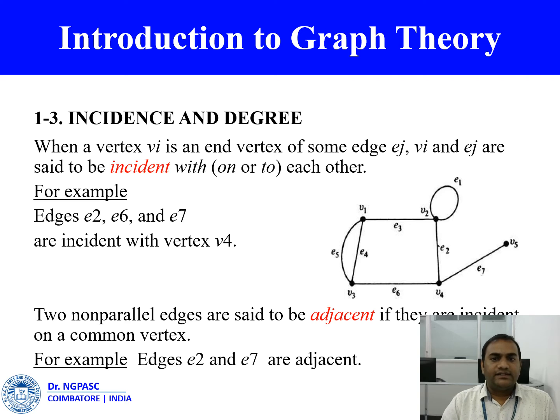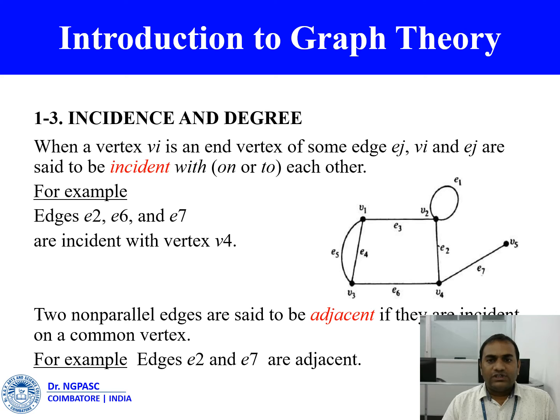Next, incident and degree. First, what is meant by incident? When a vertex Vi is an end vertex of some edge Ej, Vi and Ej are said to be incident with each other.